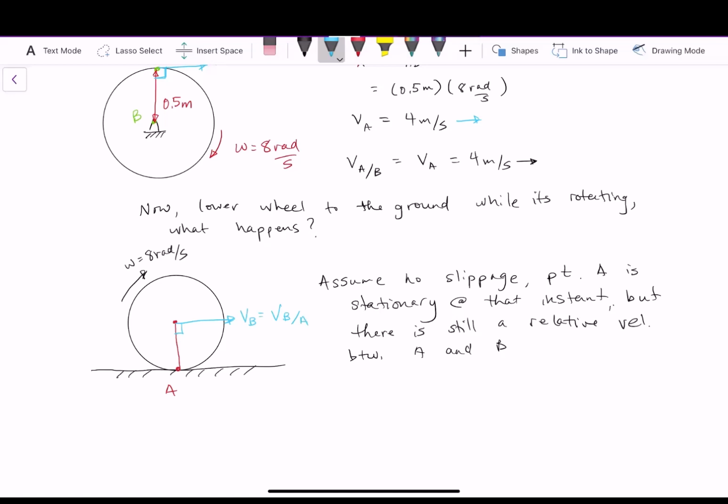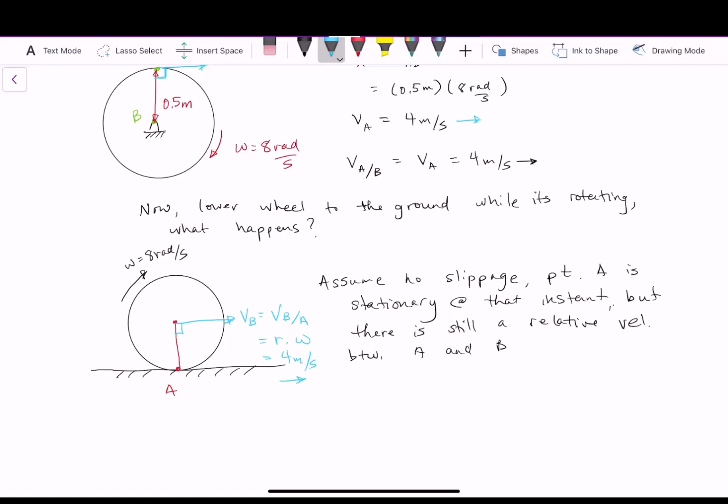So again, now you're still positioning yourself, this time at A, not B. And B appears to be rotating about point A, about your position, and that's 90 degrees to that radius arm. So that would just be equal to R times omega, and since it's the same radius for this problem, it would be 4 meters per second to the right.